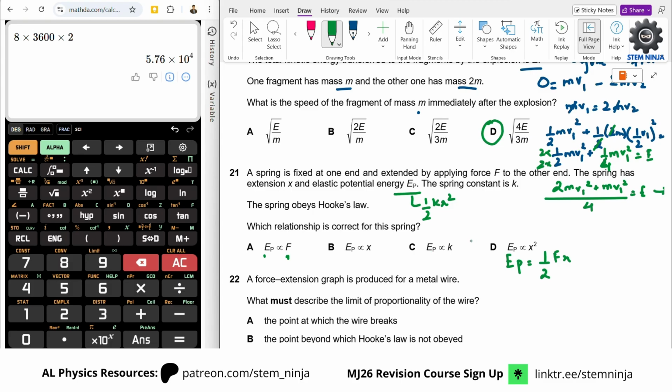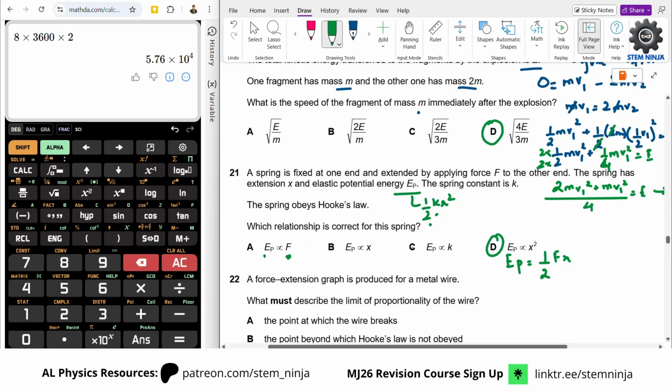I think D should be the correct one, because k is a constant, half is a constant, and x is the only variable. But over here, F and x are both variable at the same time.